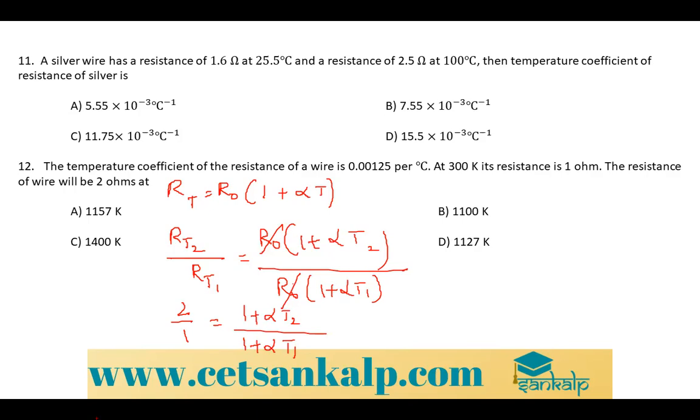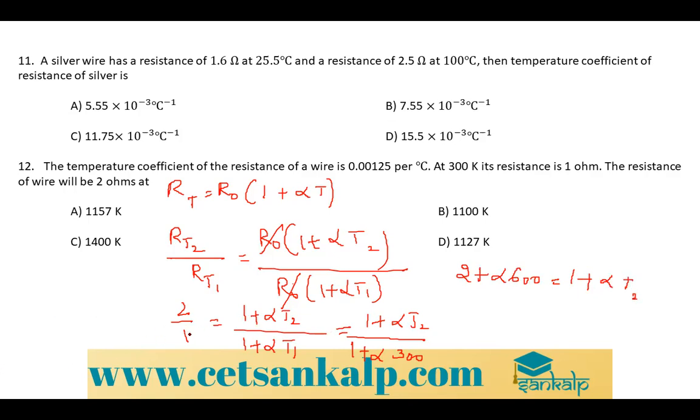Okay. Now I substitute the values: 1 plus alpha T2 divided by 1 plus alpha into 300. So now cross multiply, and we get 2 plus alpha 600 is equal to 1 plus alpha T2.